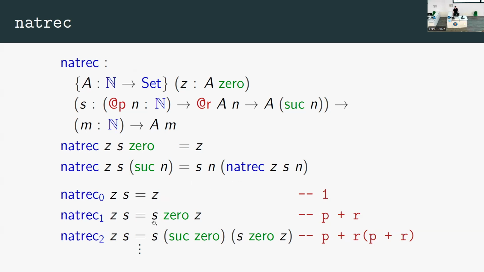When it's 1, we apply the predecessor, 1, 0, to s, and then the recursive call. We said that this function s uses the predecessor p times. So this is essentially the number, well, it's the predecessor of the number, but essentially the same thing.